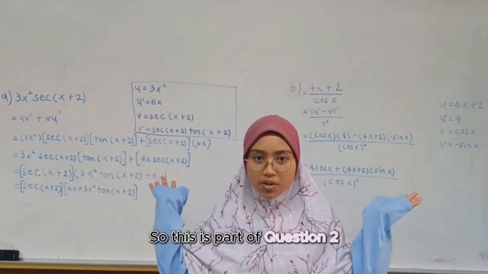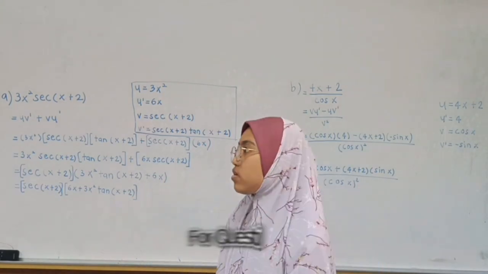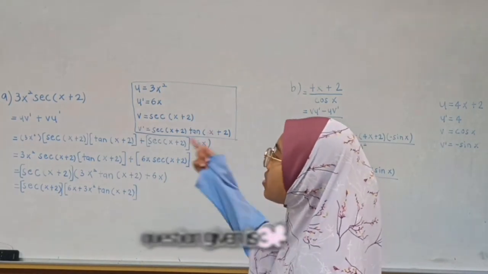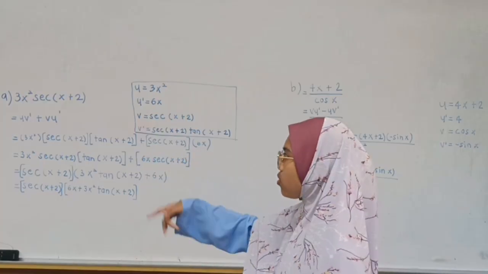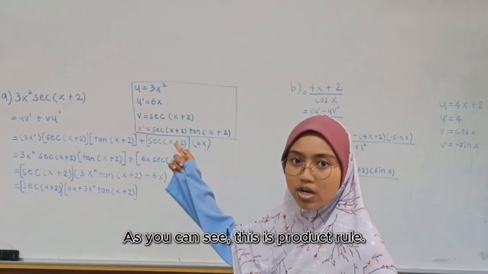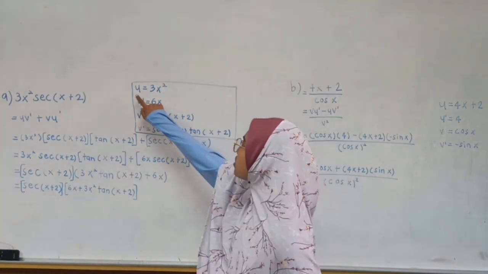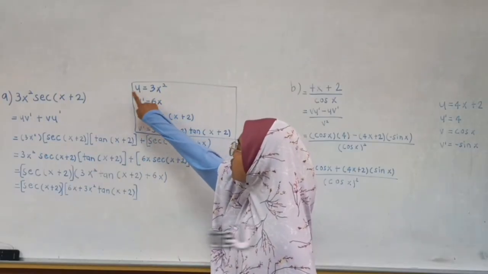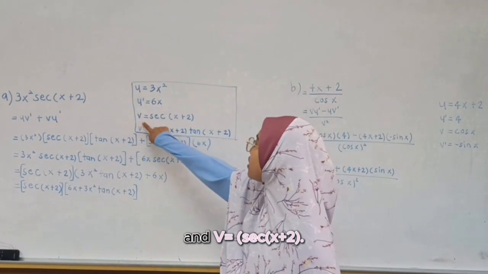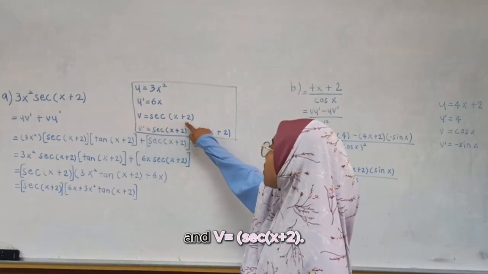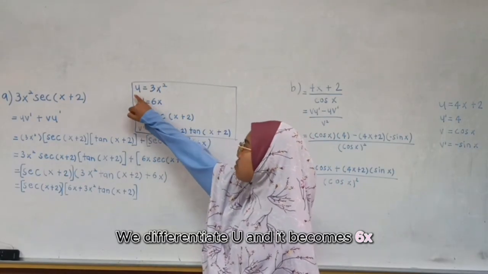So this is part of question 2. For question 2a, the question given is 3x squared sec(x plus 2). As you can see, this is the product rule. u equals 3x squared and v equals sec(x plus 2). We differentiate u and it becomes 6x.